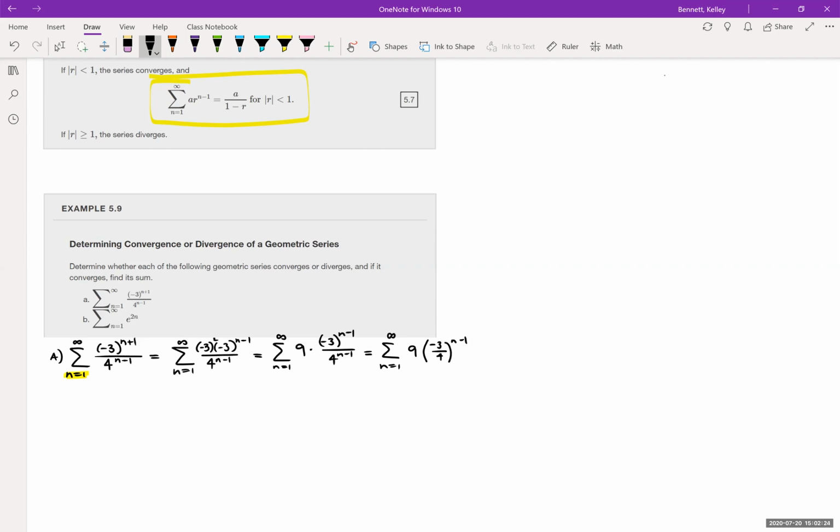And so now I look exactly like the form. N equals 1, I've got my a, I've got my r, and my exponents in the right spot. So using that, I'm going to have 9, which was a, over 1 minus r, which was -3/4. So simplifying this, I get 36 over 7.